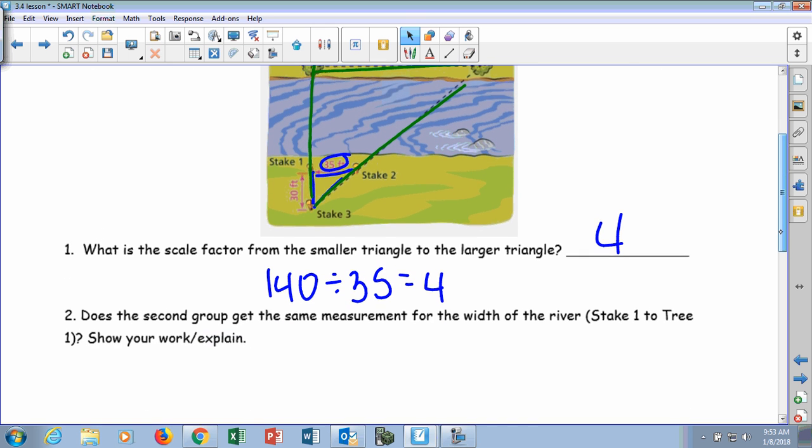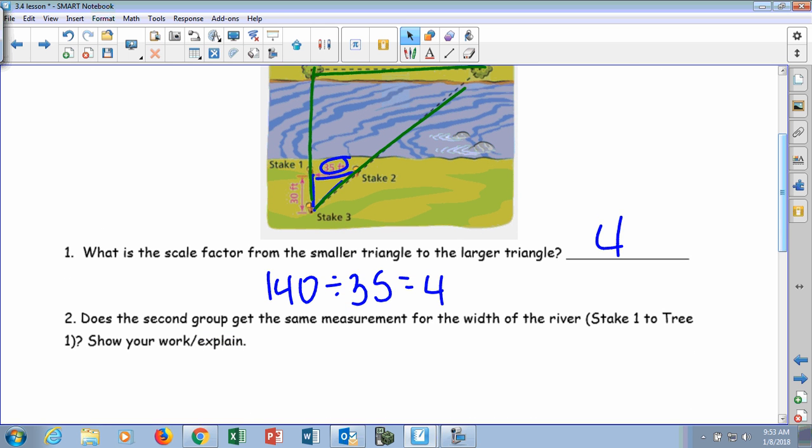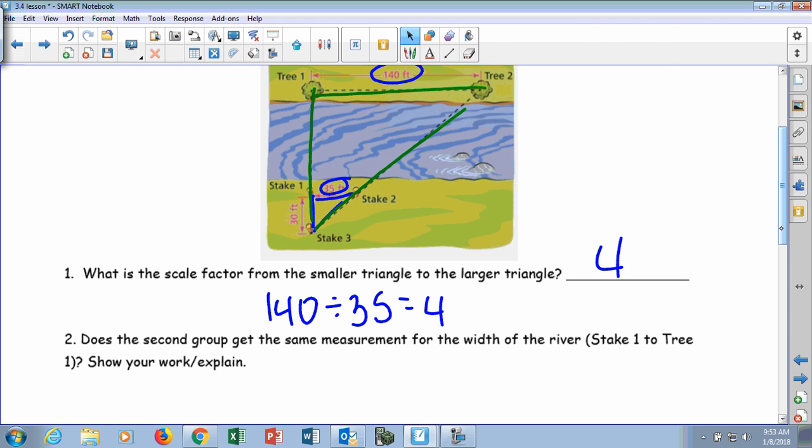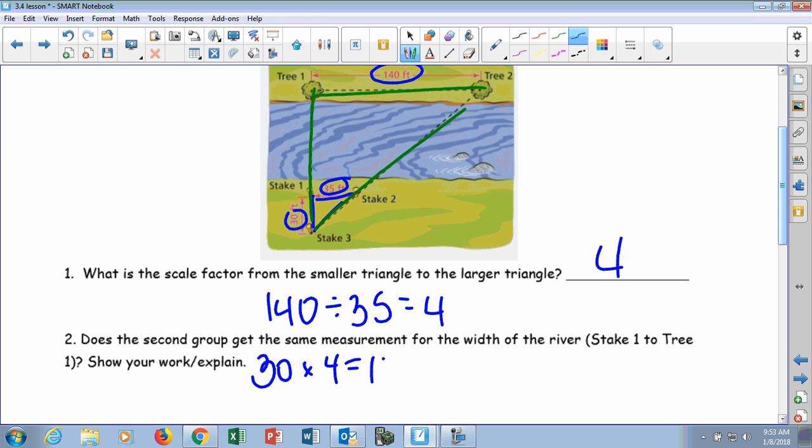All right, so it says does the second group get the same measurement from stake 1 to stake 2. Well, if the small one is 30, what do we have to multiply by to find the total length here? Joey. 4, right? So 30 times 4 is what? 120. So 120 is this whole length.